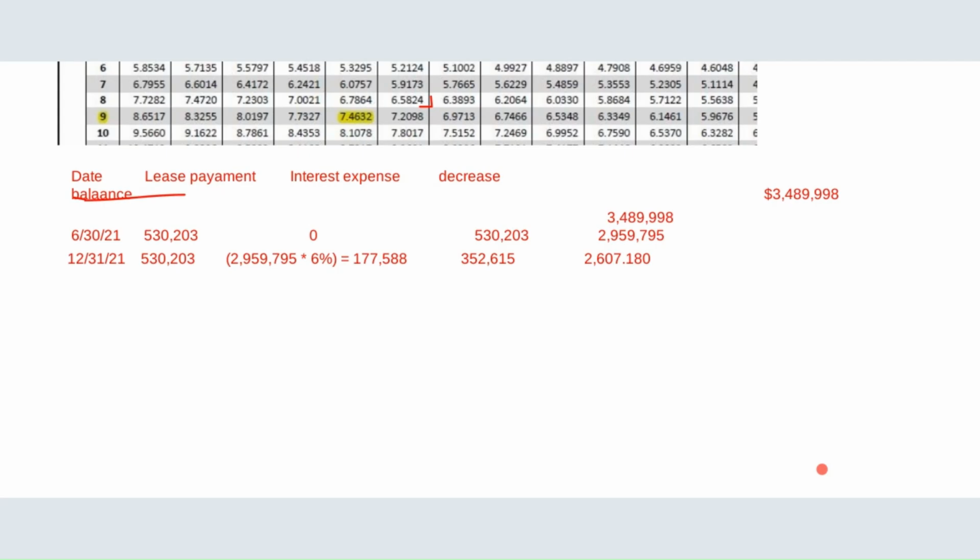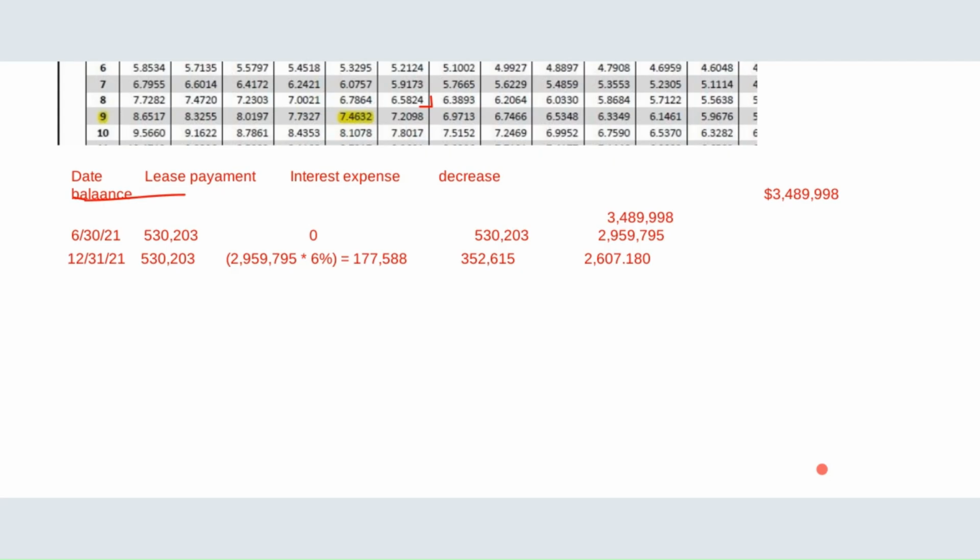Lease payable of 352,615. And what else? The interest expense of 177,588. And then we're going to credit cash. Hopefully this adds up to the 530,203. That doesn't change.